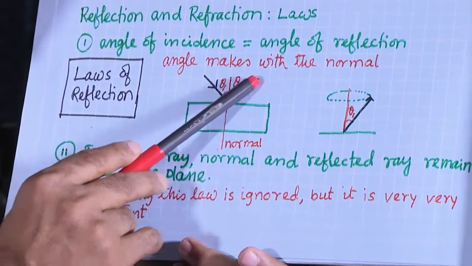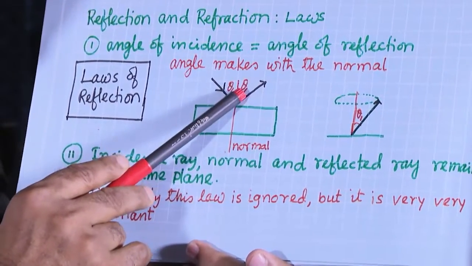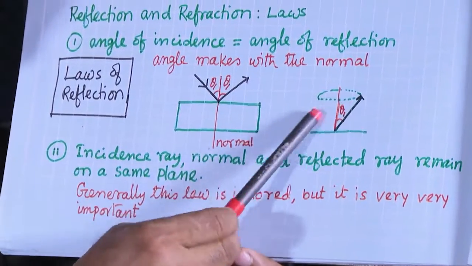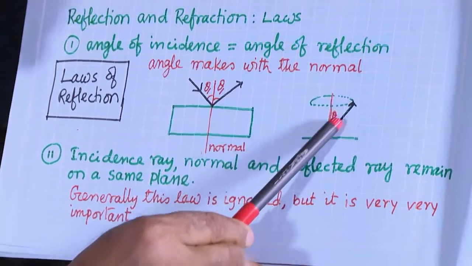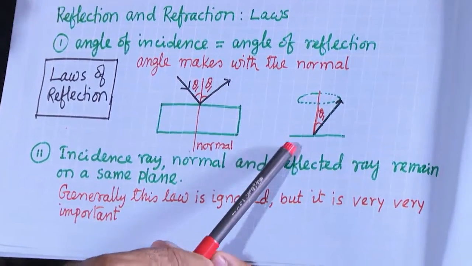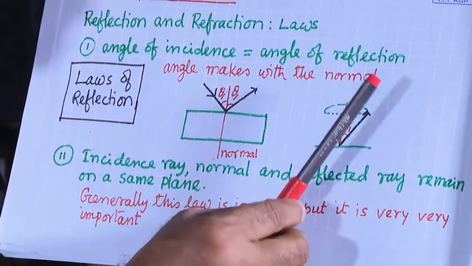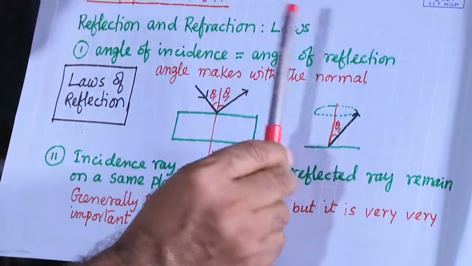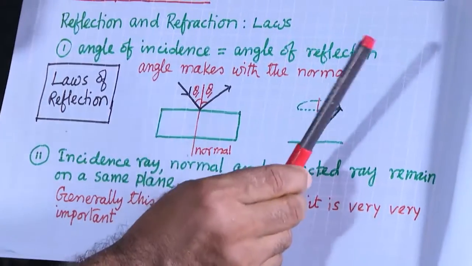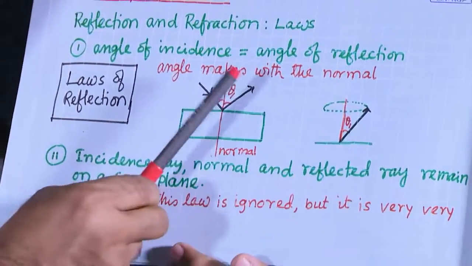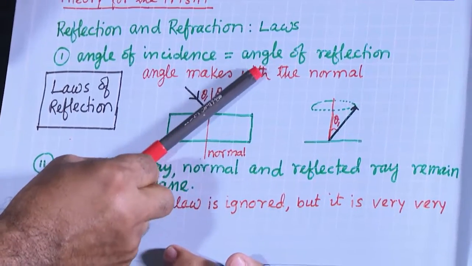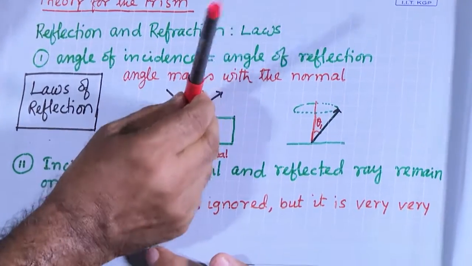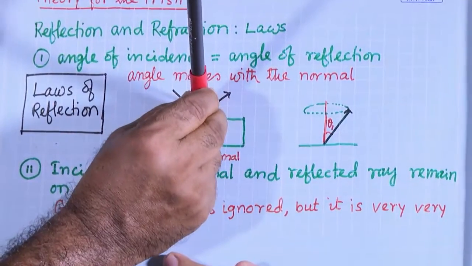This ray can be on another plane also, so it may form a cone with the same angle of reflection. So you could see this reflection either in this direction or in this direction with the same angle.